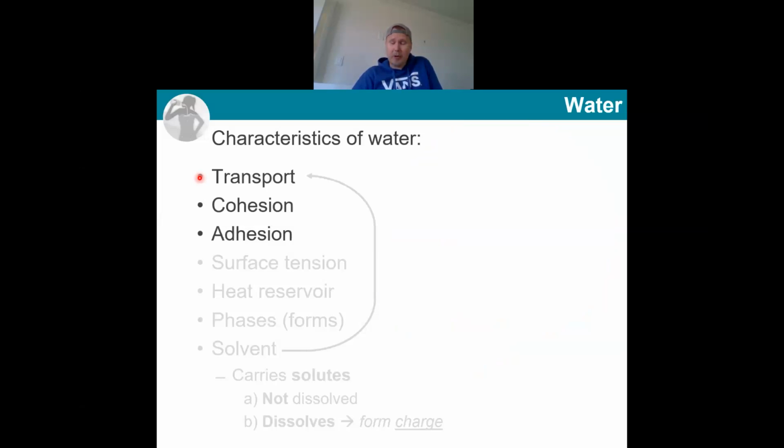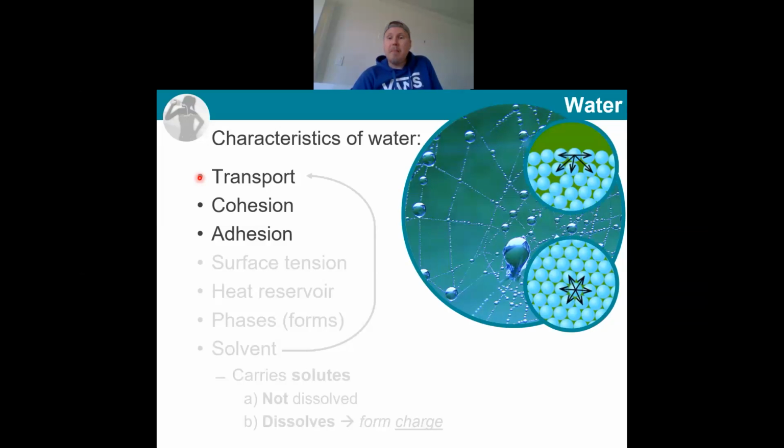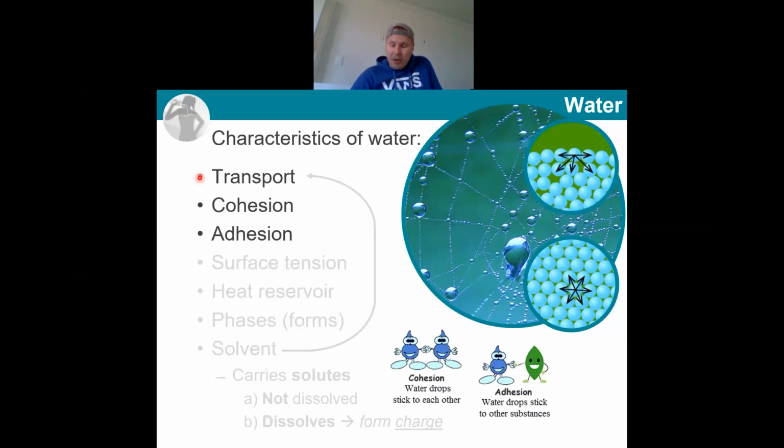The next one that I want to talk about is actually two concepts at the same time, cohesion and adhesion. So let's have a look at those. What we see with cohesion is when the water molecules end up sticking together, whereas adhesion is more of when water molecules stick to polar surfaces.